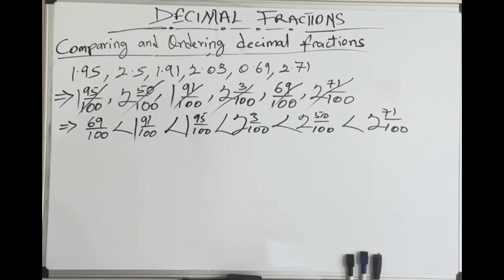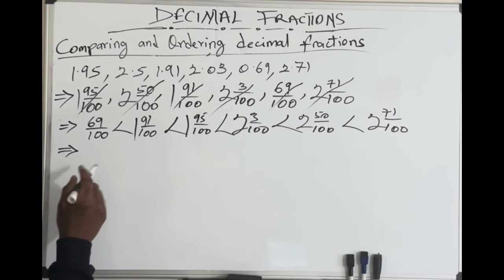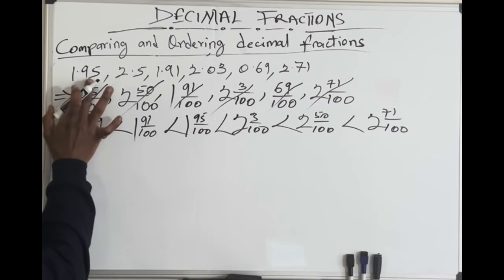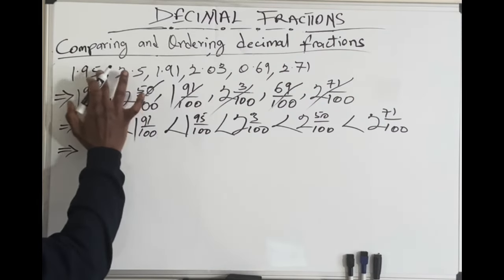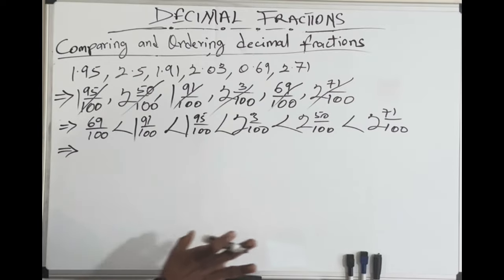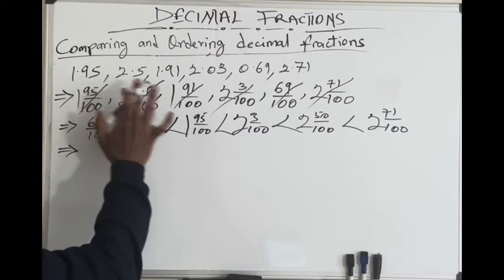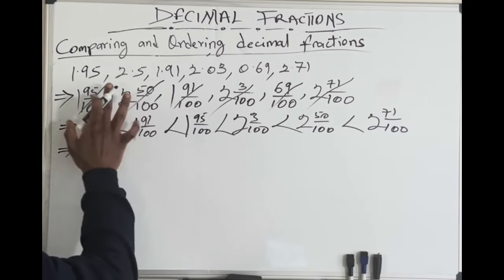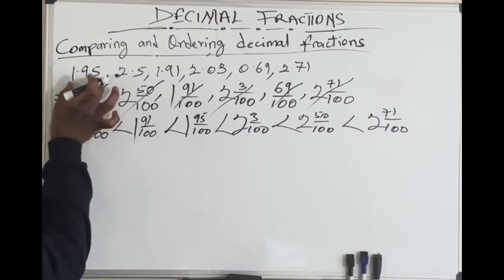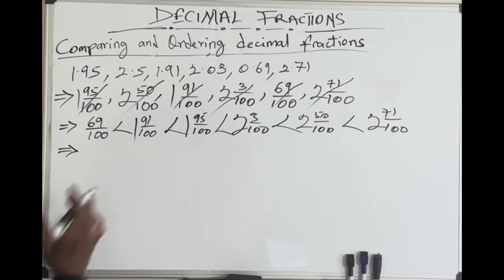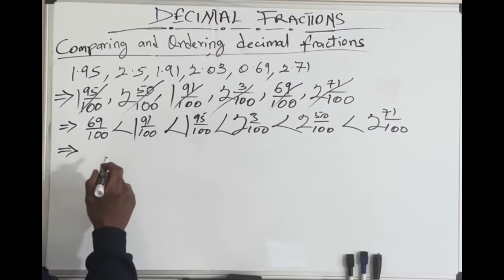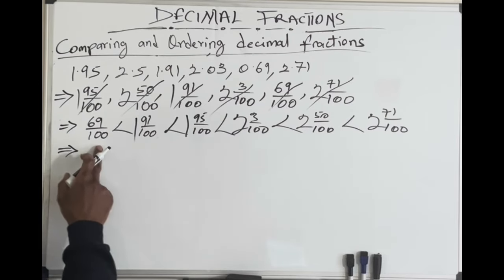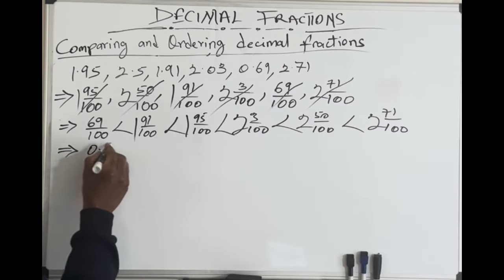And then our final answer will be, because this was the question and you are told to arrange this, and then you work this outside the question. So make sure you finalize it by putting these figures, not these figures, especially when you are working in a theory question. So 69 over 100 stands for 0.69.